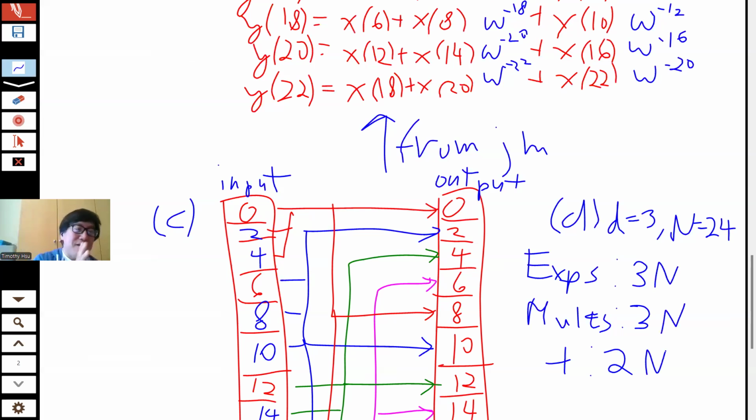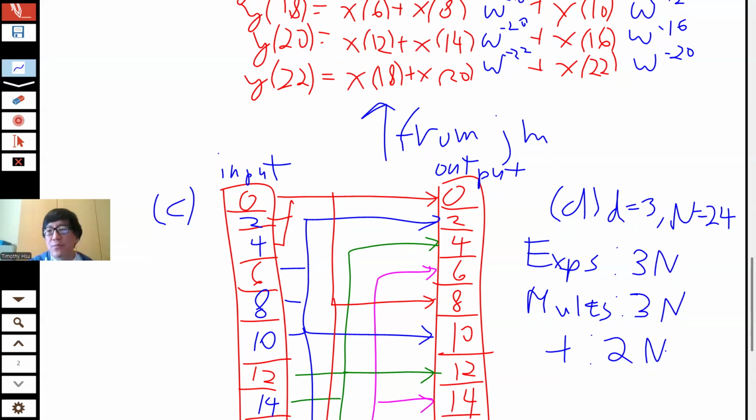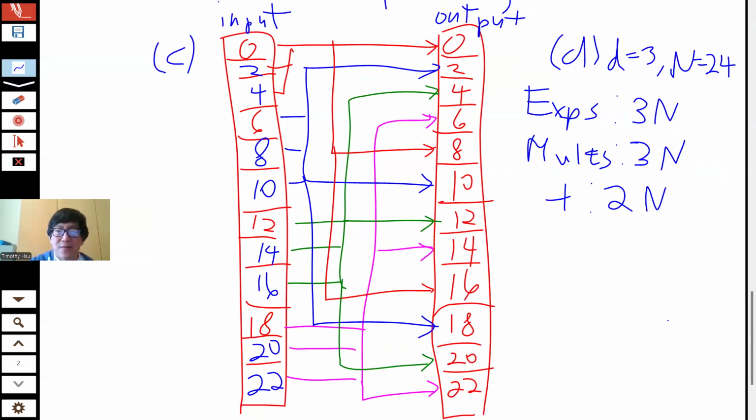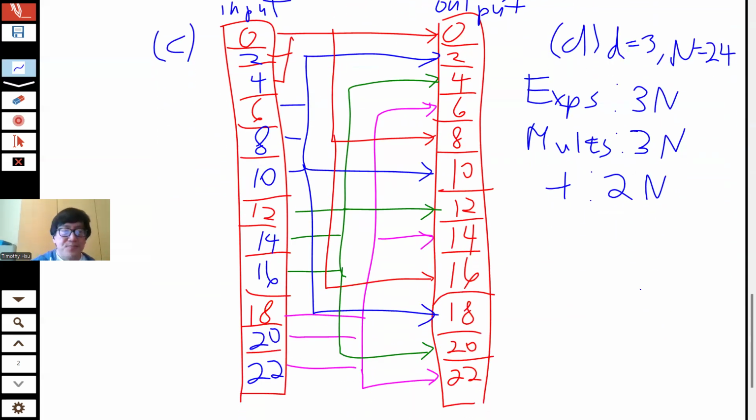Because in every step of the FFT, you have to set capital N outputs. It's probably reasonable to remember that in each step there's dN exponentiations, dN multiplications, and d minus 1 times capital N additions. So there's the new stuff, parts C and D.